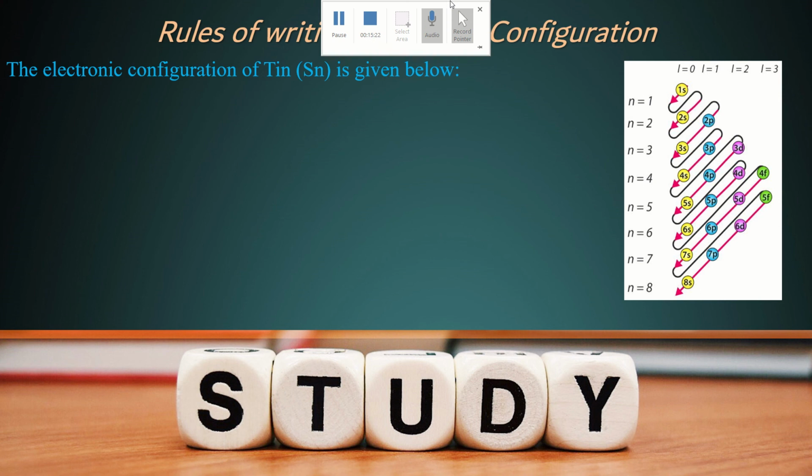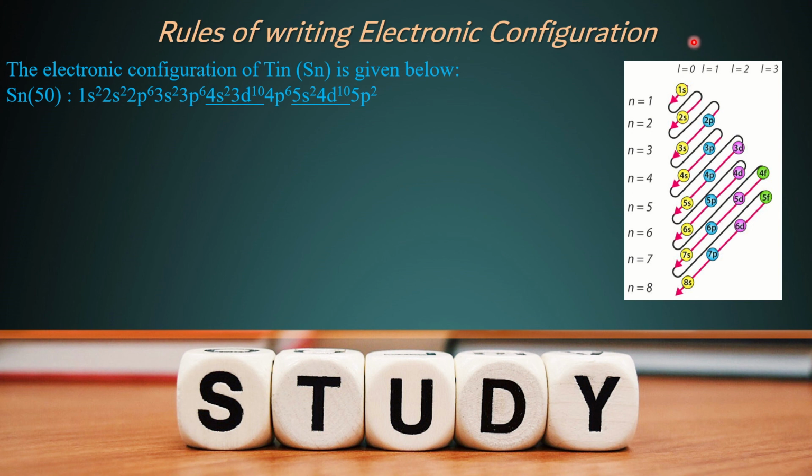These 50 electrons are configured in this way: 1s2, 2s2, 2p6, 3s2, 3p6, 4s2, 3d10, 4p6, 5s2, 4d10, 5p2, because up to 4d10 there are 48 electrons, and the remaining 2 electrons go to the 5p orbital, so it is 5p2. It is very easy to write the electronic configuration if you can memorize this energy serial.